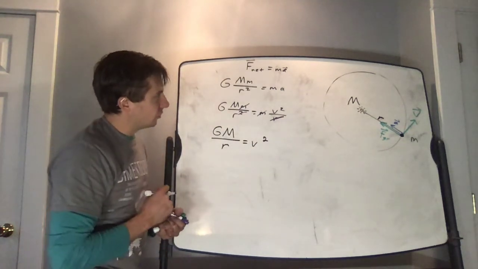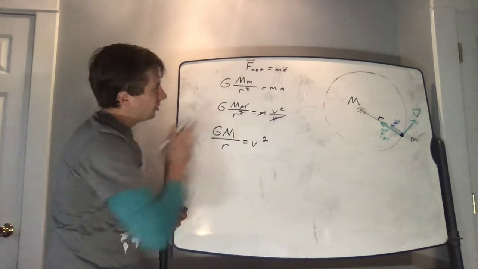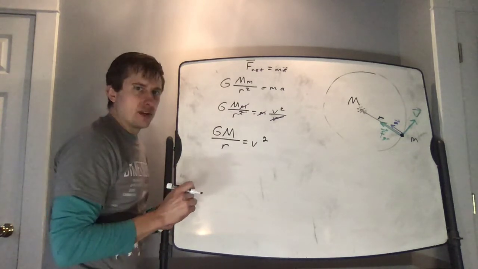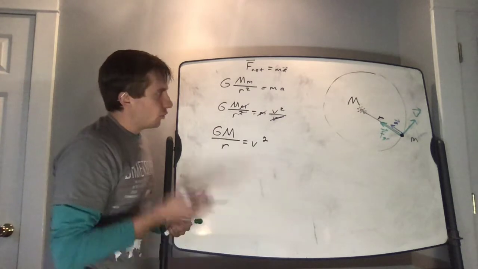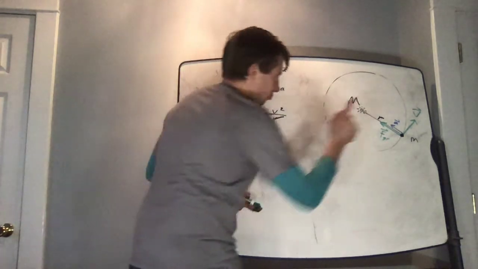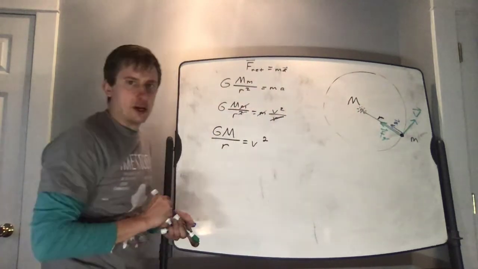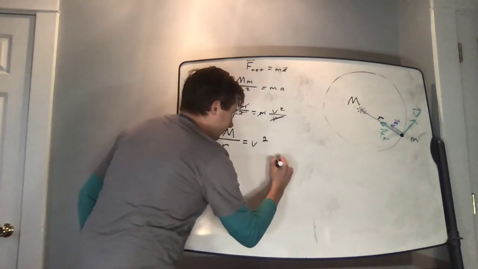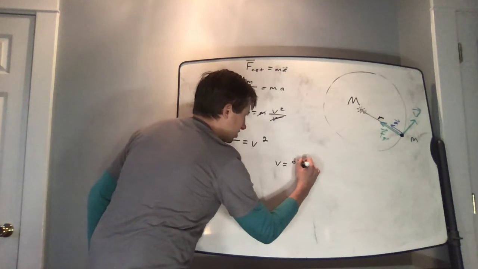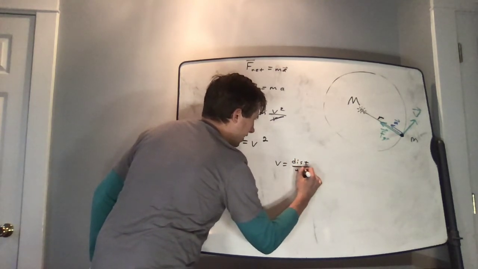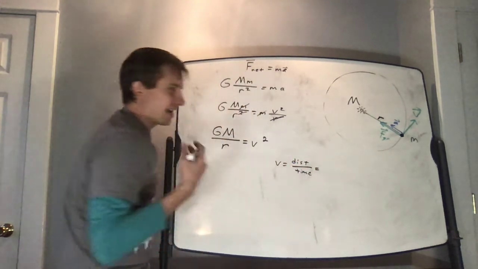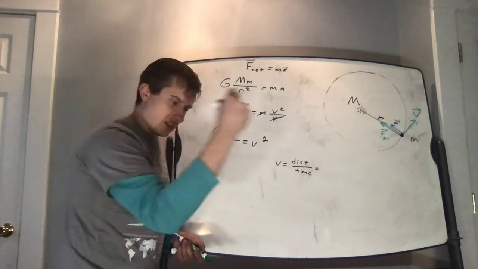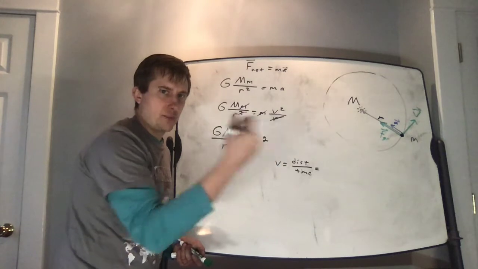Now what we're going to do is we will look at that planet's orbit, and because the planet is moving at a constant speed, we know it's a constant speed because no component of the acceleration is parallel with velocity, we could say that the speed of the planet will just be the distance traveled over the time of travel, which in this case, the planet is moving in a circular orbit. So once around the star will be the shape of a circle.